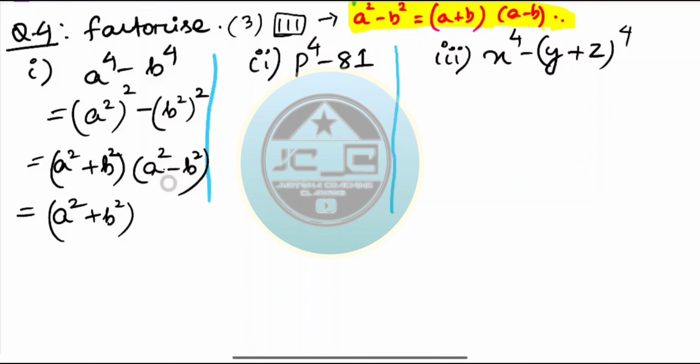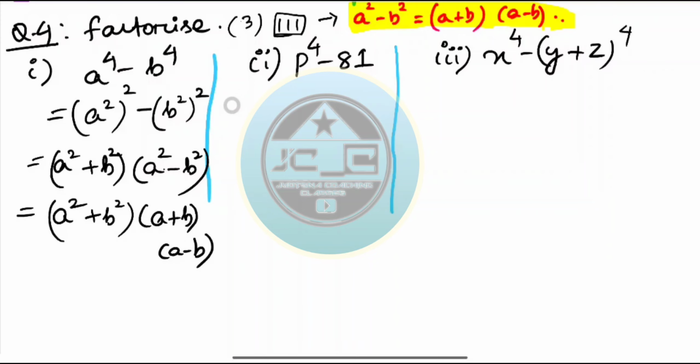Now you can apply the identity once more, a square minus b square will be a plus b into a minus b. So the final answer is a square plus b square into a plus b into a minus b. This is the final answer.